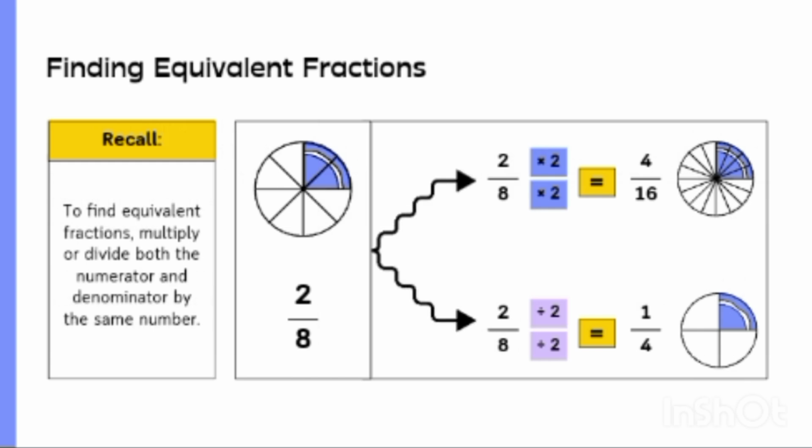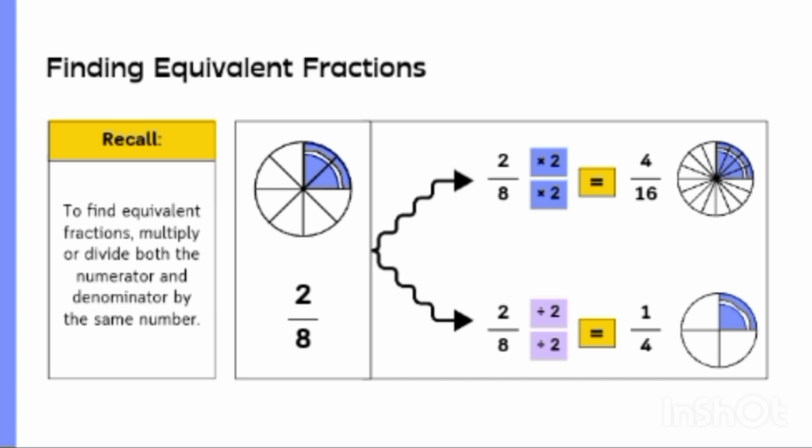To find an equivalent fraction, multiply or divide both the numerator and denominator by the same number.